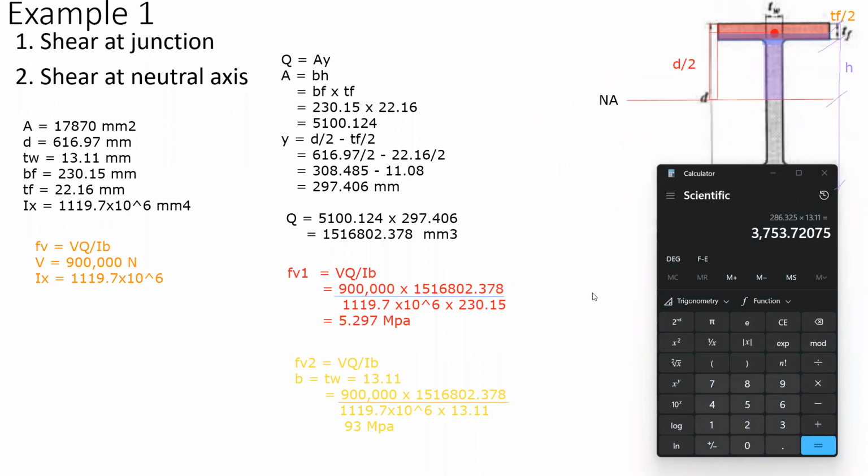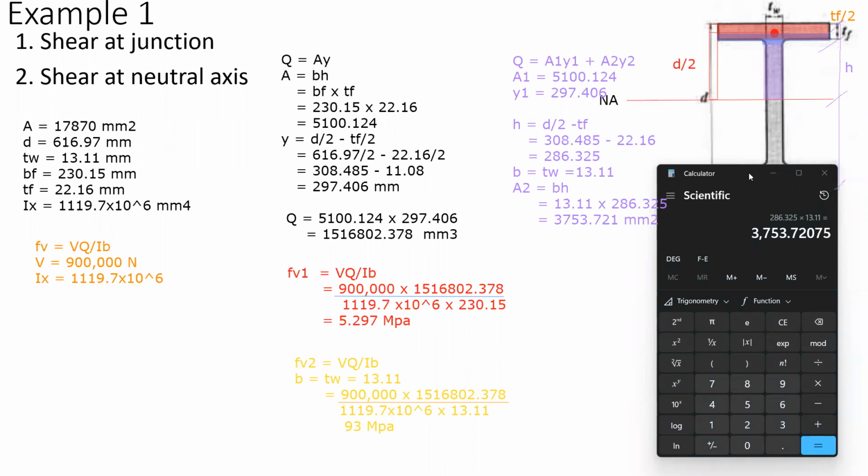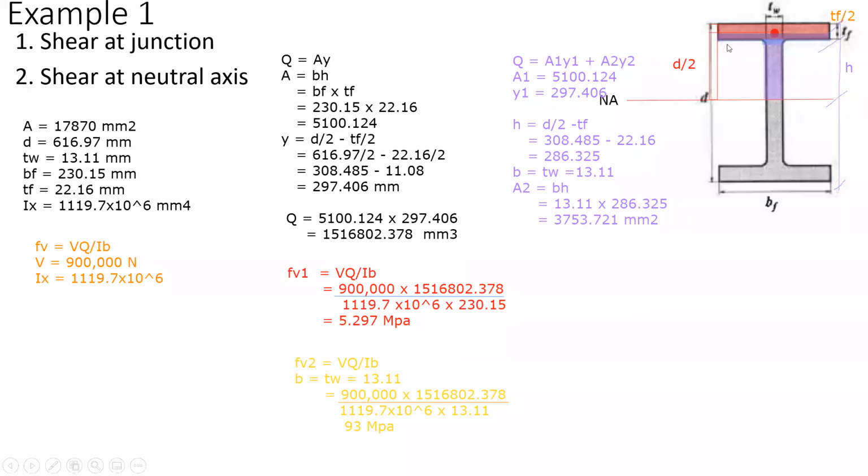Let's solve for Y2. So, kung yung Y2 natin is in the middle of our area, andito siya. And this is simply kalahati ng H. So, let's continue. Y2 is equal to H over 2.